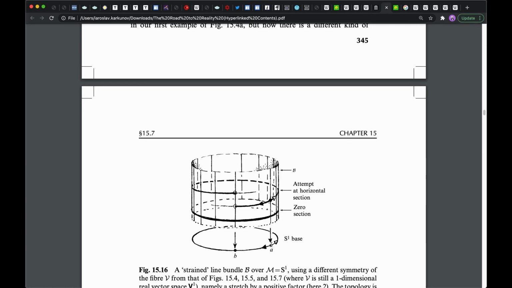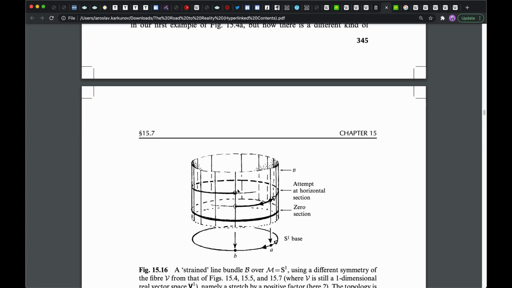But in this example you will have a path dependence. So if you go from A to B here, you will go down, and if you go from A to B following the white arrow here, you will go up, for example, and you will end further on the spiral.